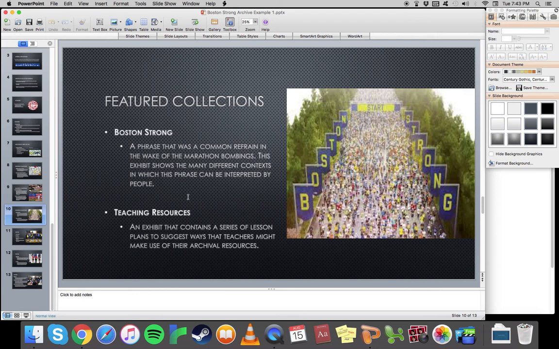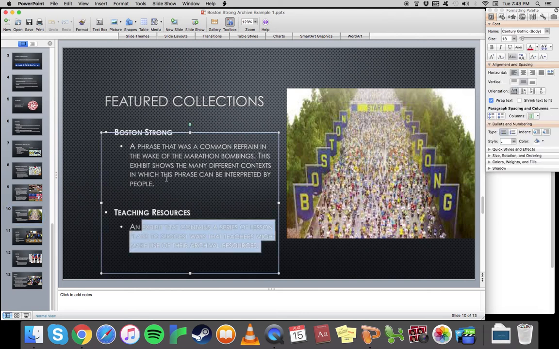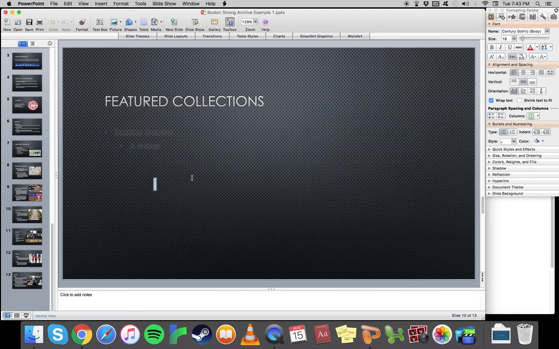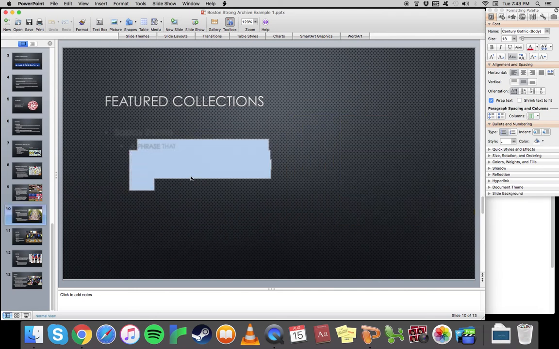The Boston Strong and then the teaching resources. How can we teach people about the Boston bombing, and then what is in it? What is in the collection, okay? Oh man, I just messed that up. Whoops. Okay, well, that is what one of the slideshows looks like.